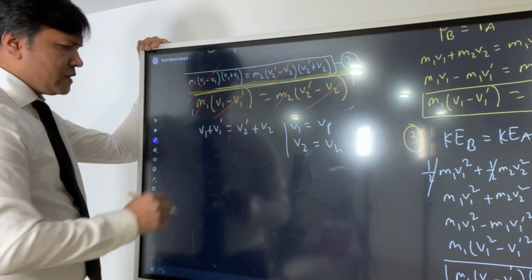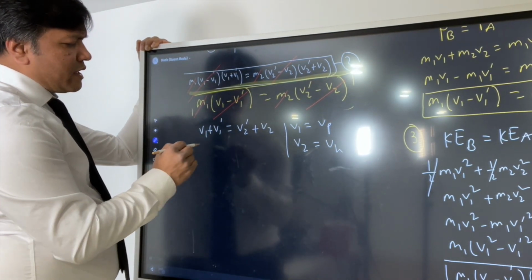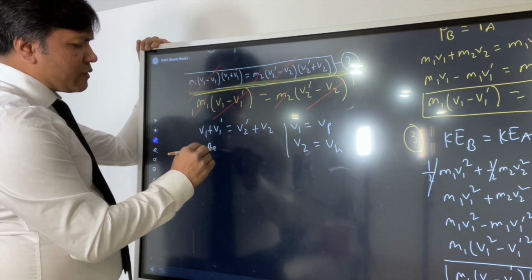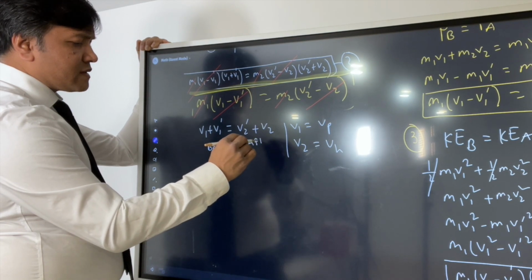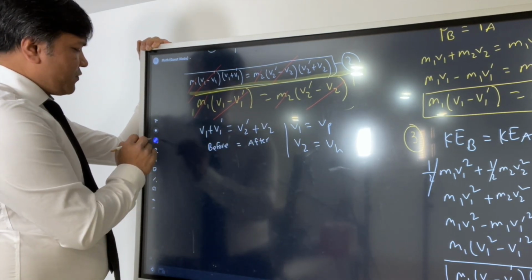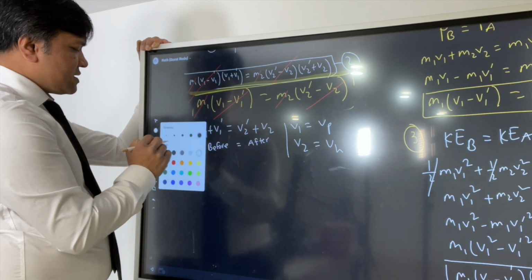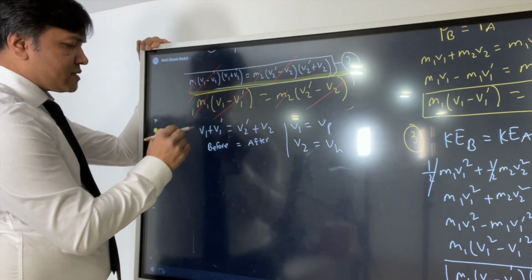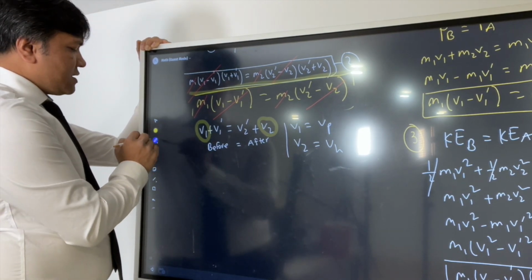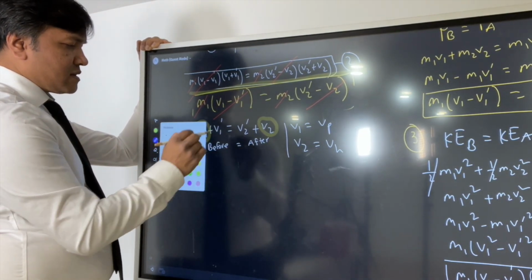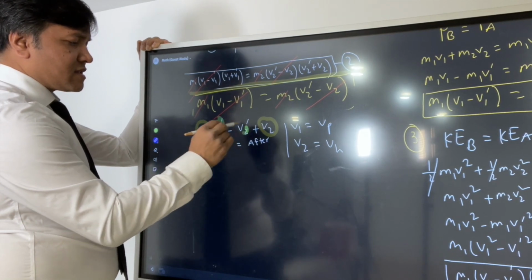Okay, good. So before I do that, I'm going to write: before is equal to after. So this is before. Why is this before? Notice this one is before the collision. And this one is after the collision.